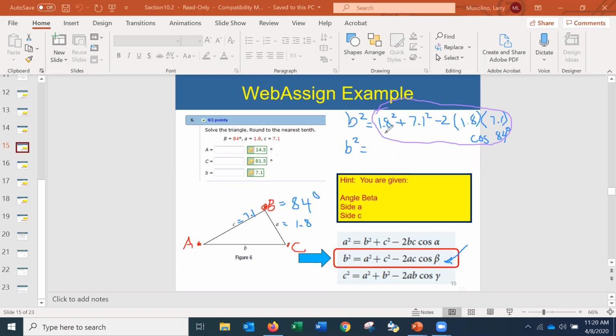Right, don't do this piecemeal because you want to let your calculator do all the work for you at one time. So I'm going to type in this entire command into my calculator. And when I do that, let me double check my calculator here.